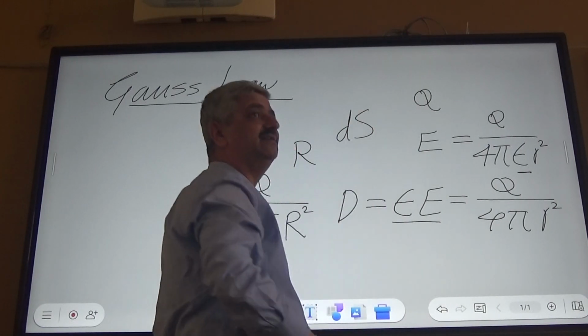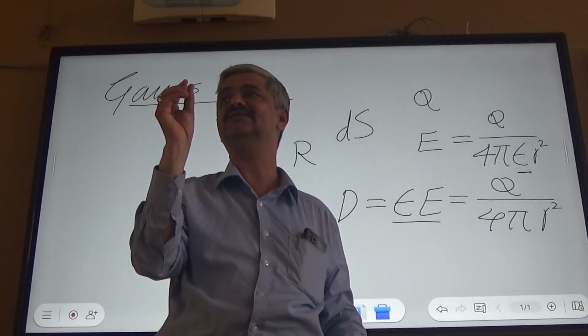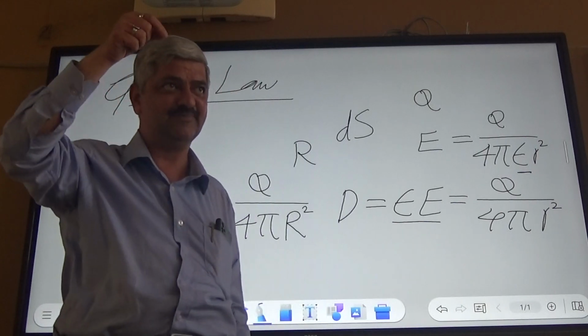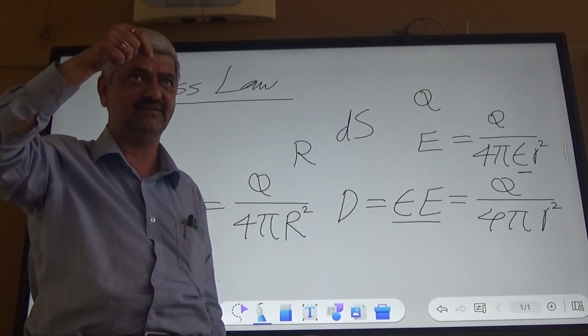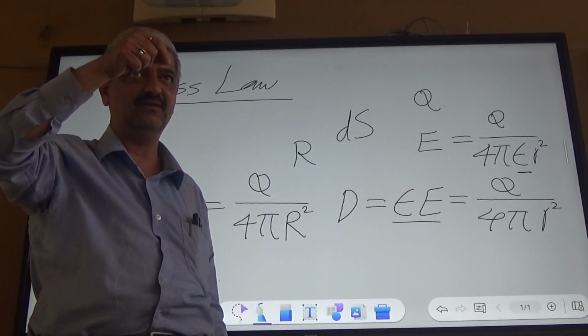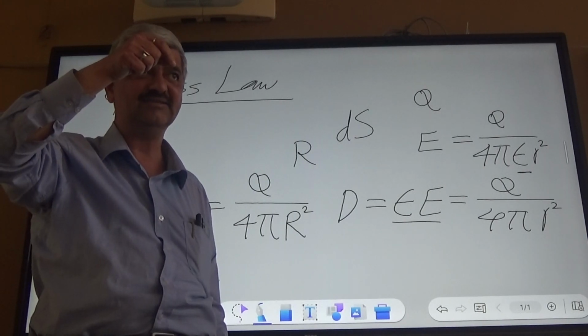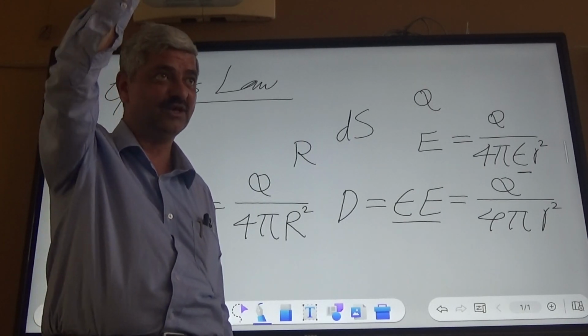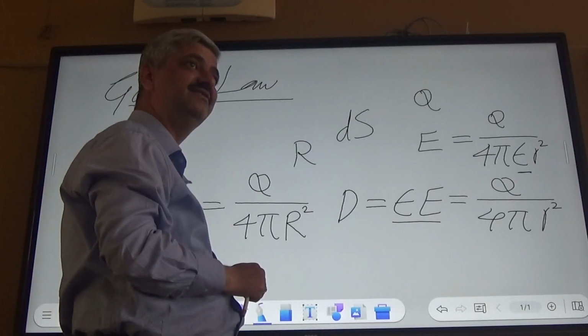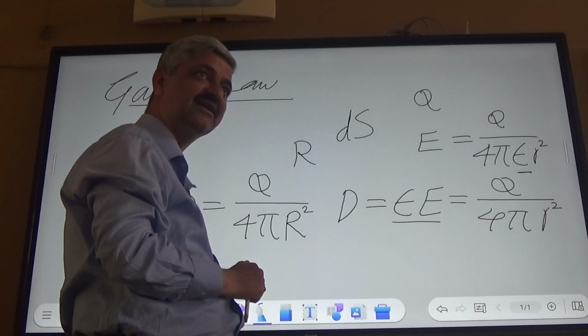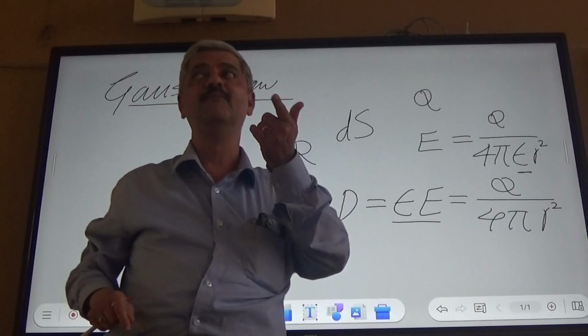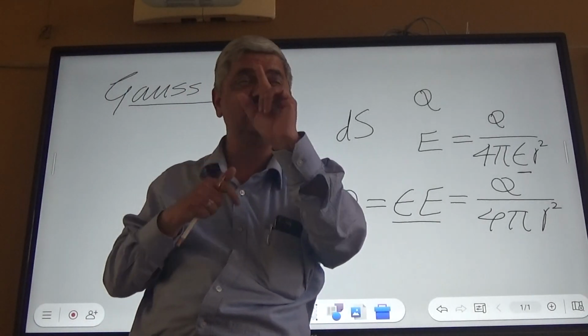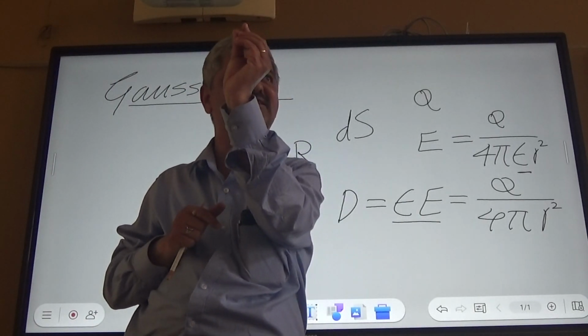What is ds? ds is a small surface, a point on the sphere and a little region around it. What is the direction of ds? Radially outwards. What is the direction of flux? Radially outwards. So both are in the same direction. So what would be the flux over that small infinitesimal surface ds?